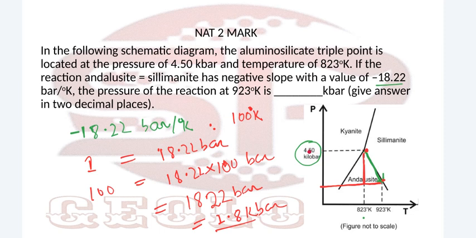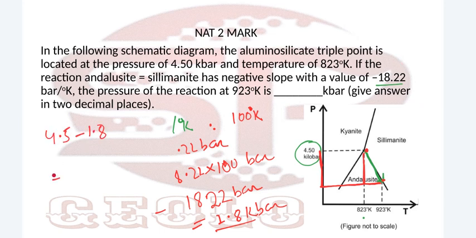The initial pressure is 4.50, so I just have to subtract: 4.5 minus 1.822 kilobar. It will be 2.678, or you can write 2.67.